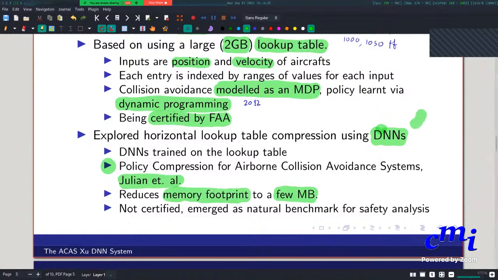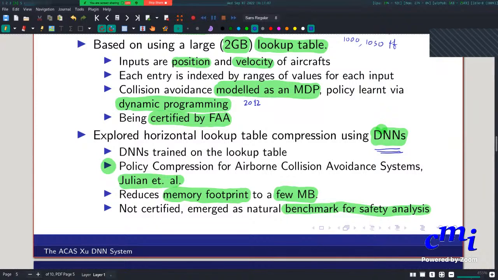These ACAS-XU DNNs have emerged as a natural standard benchmark for safety analysis of neural networks, right? Various algorithms target this as a safety analysis target because, of course, if you can show that this DNN is actually safe, then that allows you to deploy this DNN, and that will allow you to deploy DNNs in general in these other fields where they can lead to huge computational benefits.